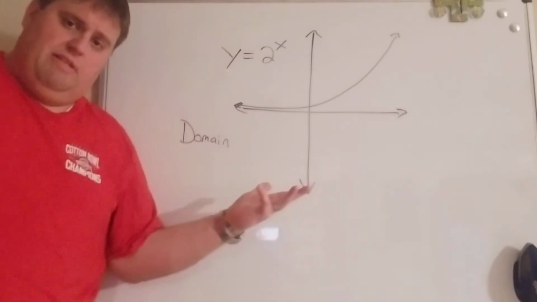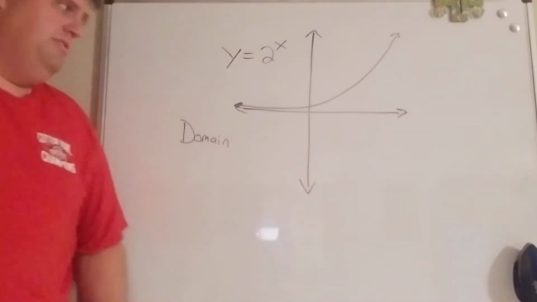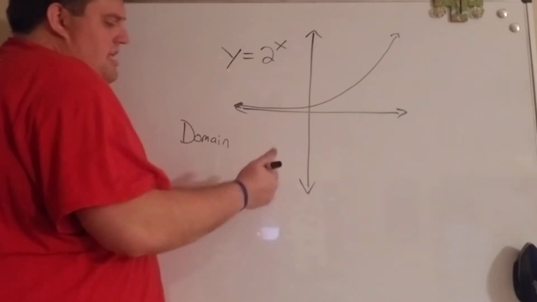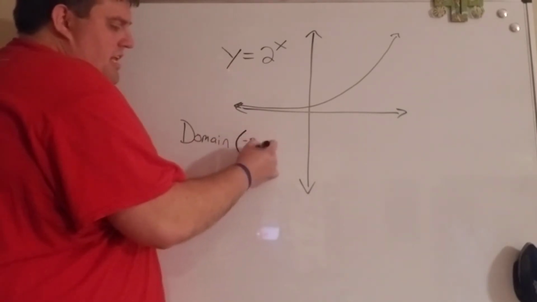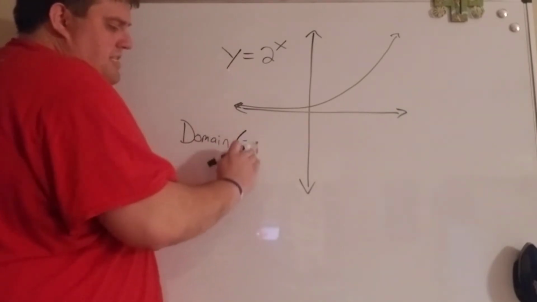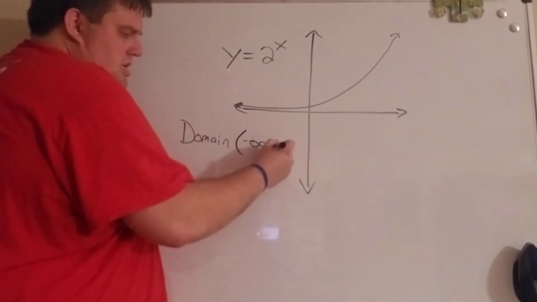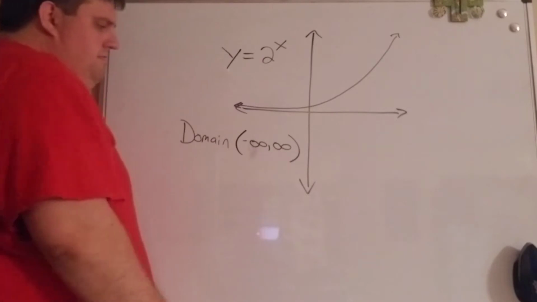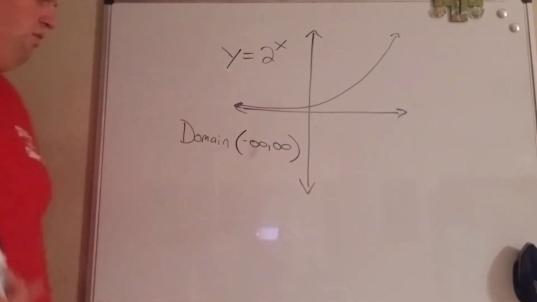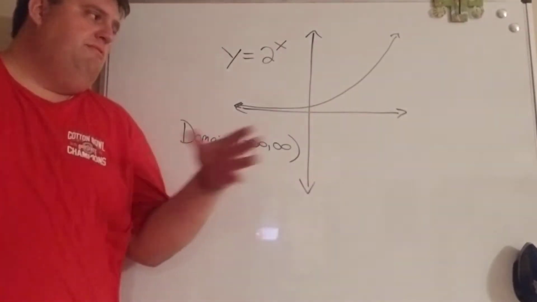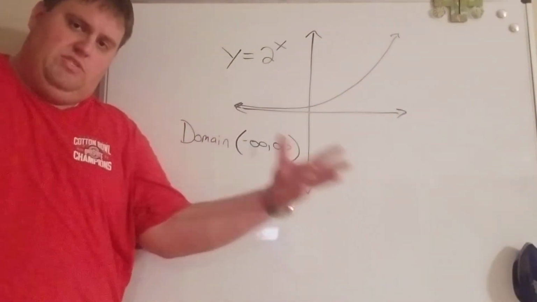We can put positives in there. We can put 0 in there. We talked about what all those spots are going to look like. So our domain is going to be negative infinity to positive infinity. Or if you want to write all real numbers there, that's totally okay too. So there's nothing that restricts the x values here.